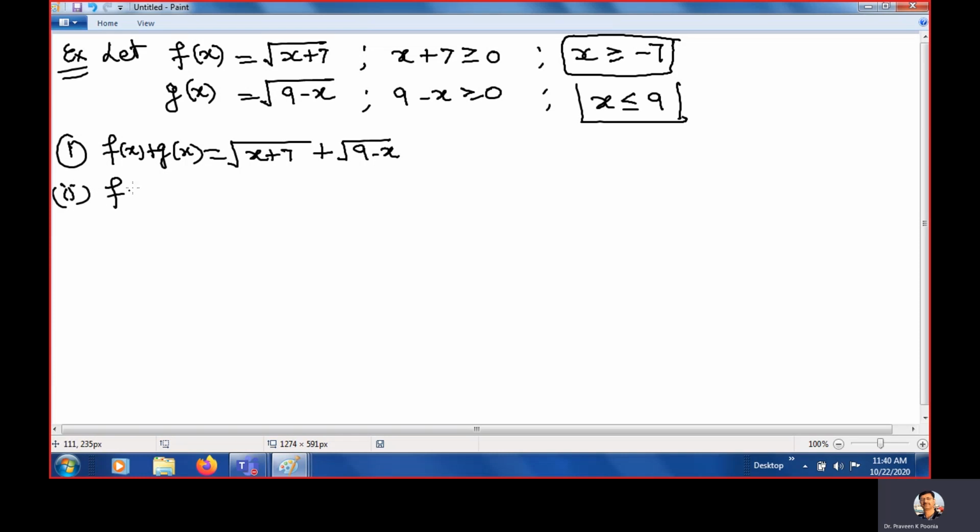Number 2, fx minus gx. And this is again the same. We cannot subtract radical functions. For particular values we can do it, but for variable x it is impossible. In the third, fx times gx.